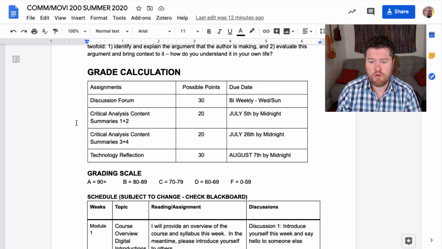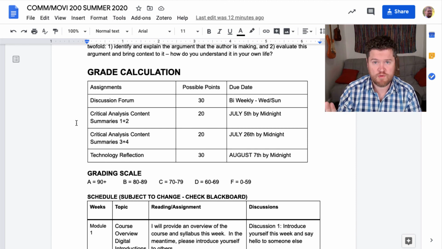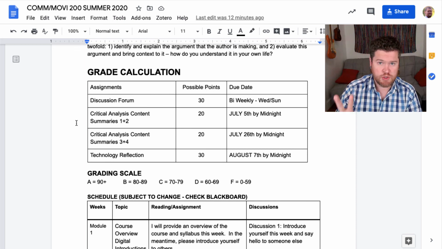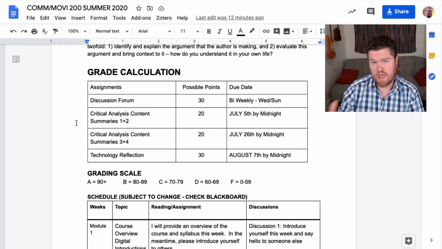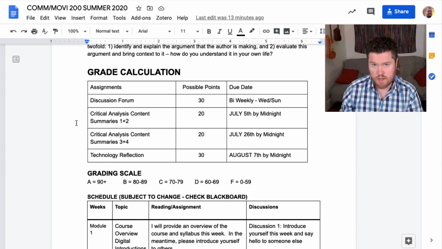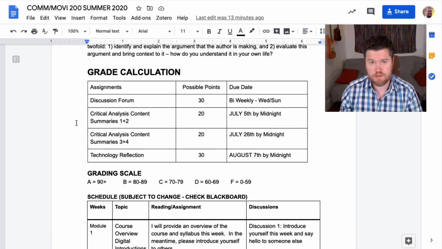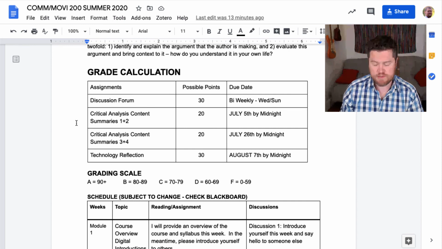There are 4 critical analysis content summaries. They are 2 different assignments. Each assignment is 2 content summaries, which means you will take one of the academic articles that we have read together, follow the instructions, and do a critical analysis of it. You will do 2 of them.